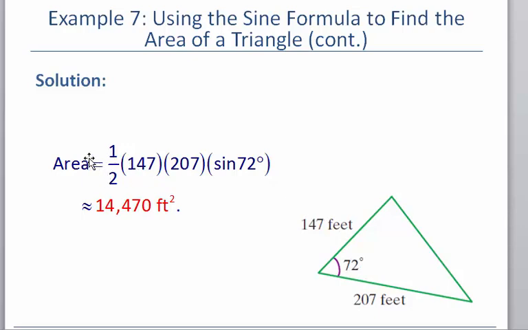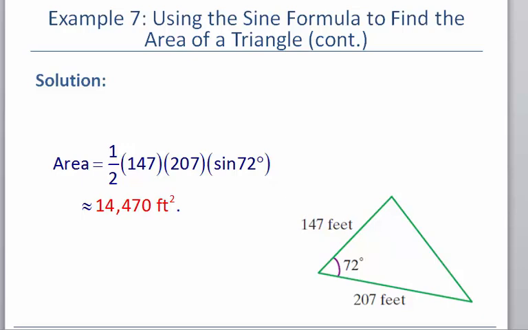You can see that it's set up here for you. And we can put that in our calculator directly: 1/2 times 147 times 207 times sine of 72, and we come up with 14,470 feet.